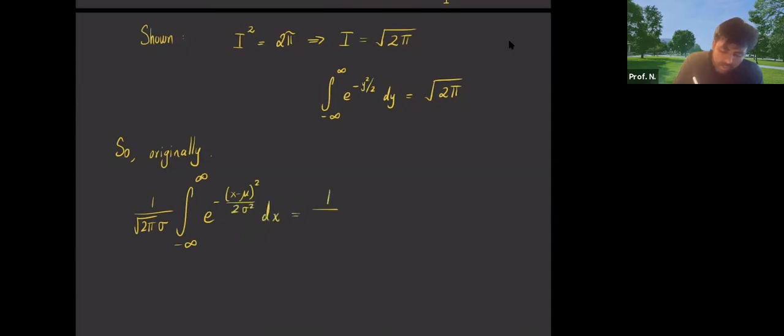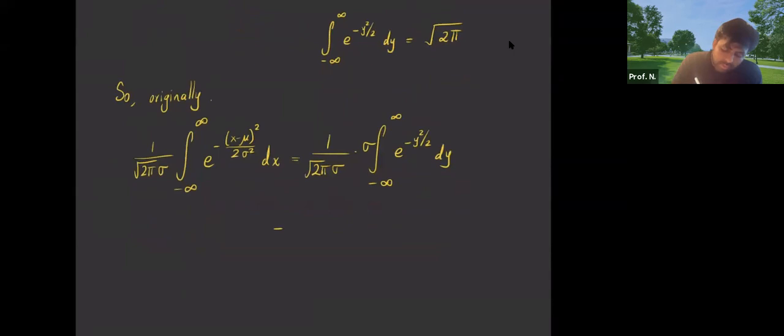And this, I rewrote using change of variables as negative infinity of e to the negative y squared dy. And this little sigma popped out. And then I just showed right now that this is 1 over the square root of 2 pi sigma times the square root of 2 pi.